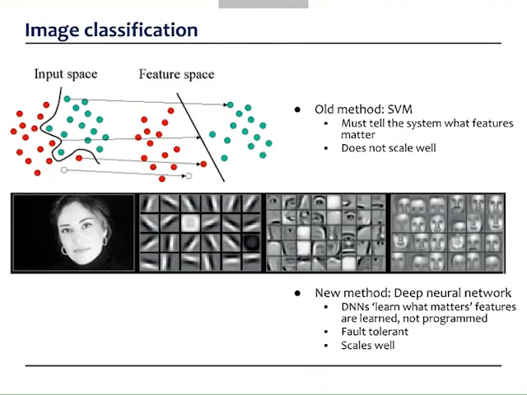So in image, we shifted from this support vector machine method, which took those fish objects and tried to translate them from this input space to feature space. We had to tell it what we thought mattered. And so we were detecting things like eyes, where are the fins, and passing that info to the support vector machine.